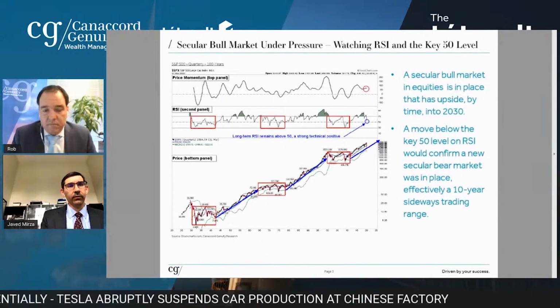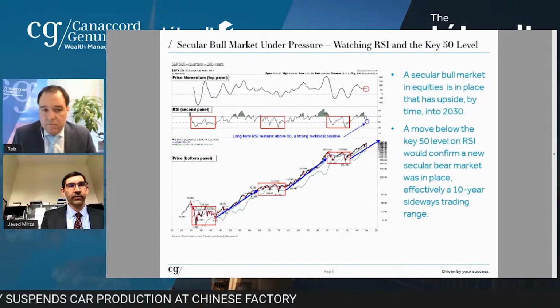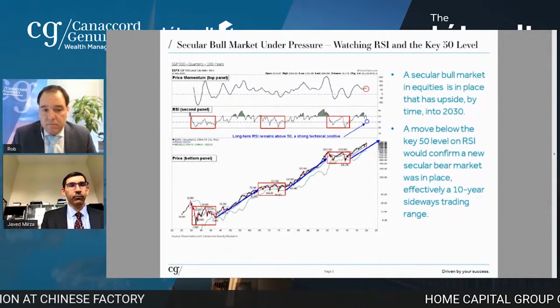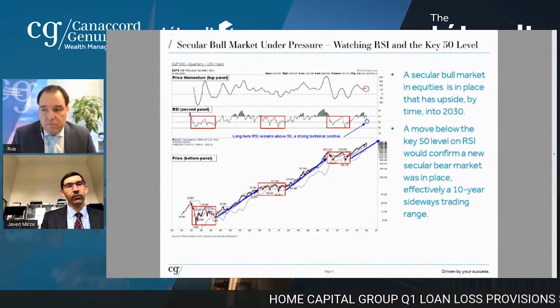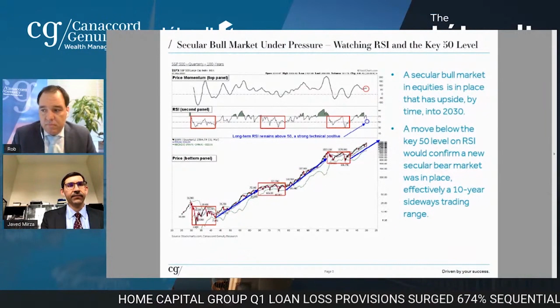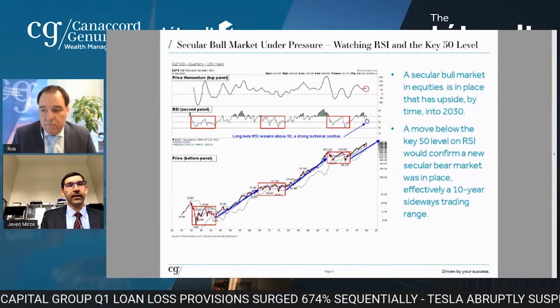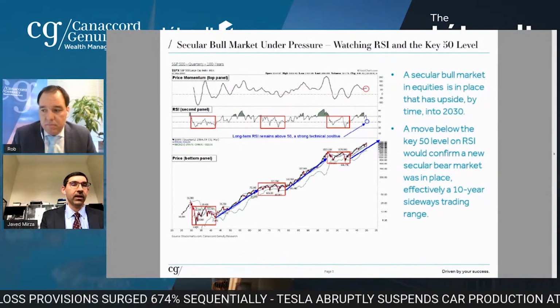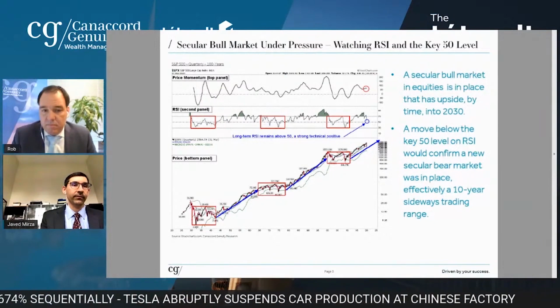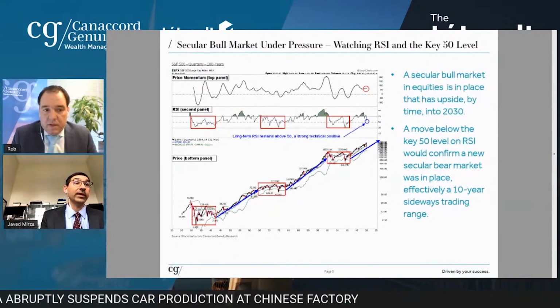If you notice where that lies on the chart, you can see that little rise and then the dip in 1987. But if you zoom out, it's within the context of this 20-year uptrend from 1980 to 2000. That's where we think we are now.